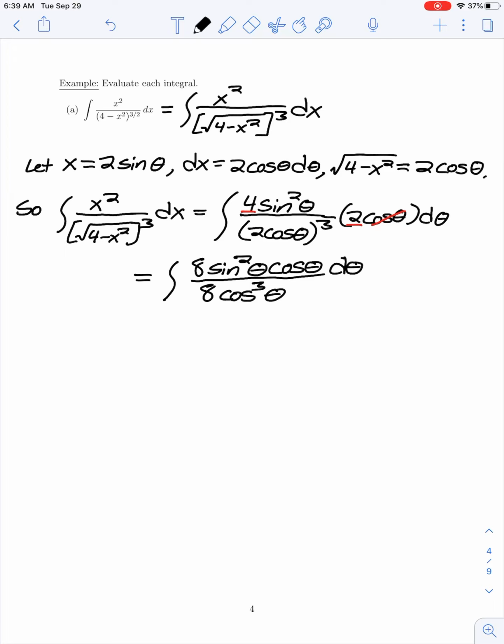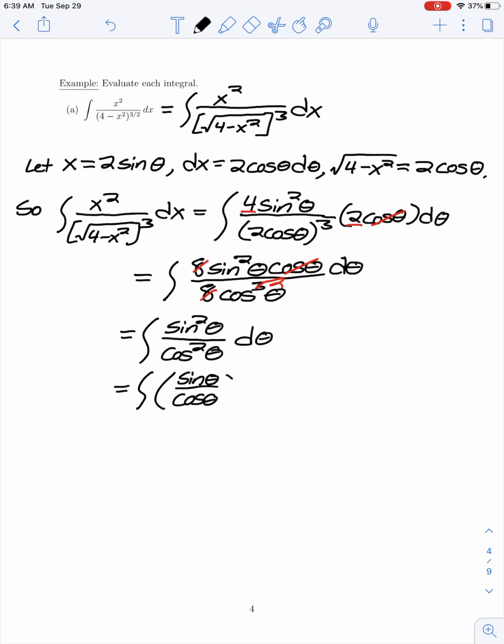So simplifying a little bit, well, we see that we can cancel this constant factor of 8 on top and bottom, and canceling 1 power of cosine theta, I'm left with the integral of sine squared theta over cosine squared theta d theta, or I can write that as the integral of sine theta over cosine theta quantity squared d theta.